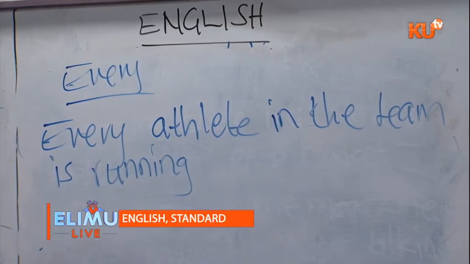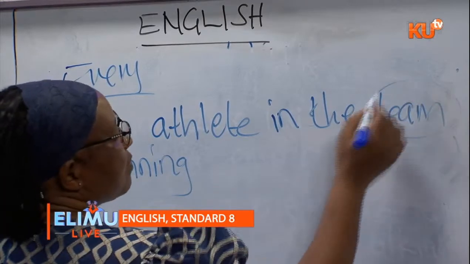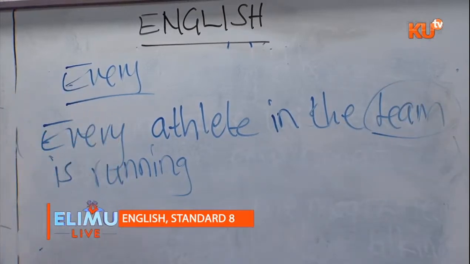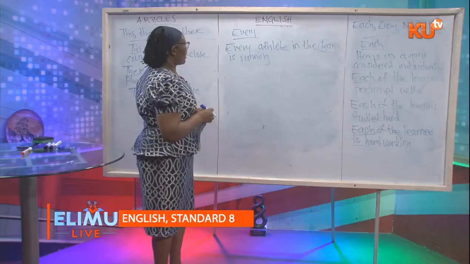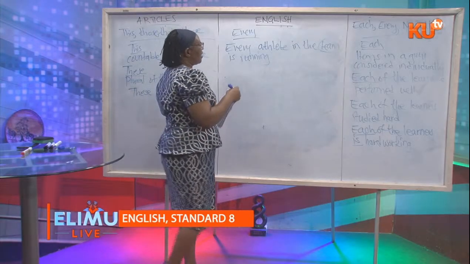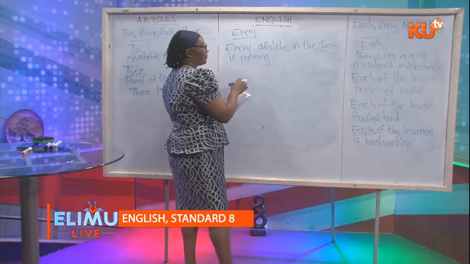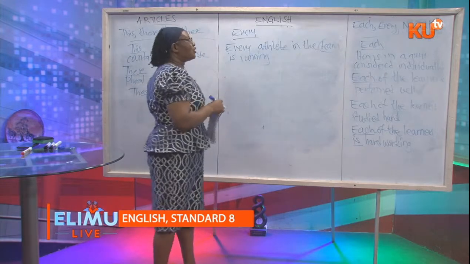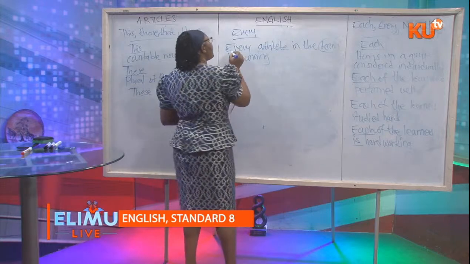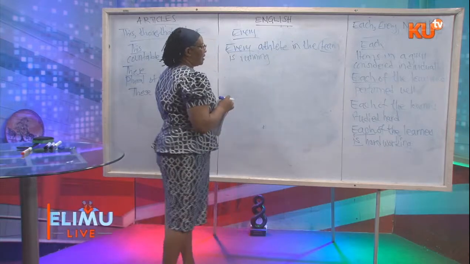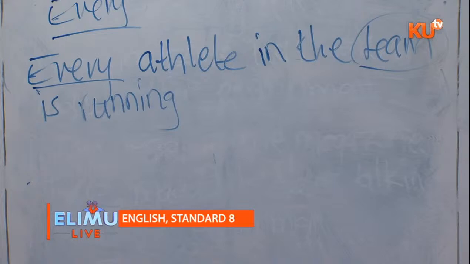So it means that we have a team of many, a team of people who are running. So a team of runners or a team of athletes, and each one of them is running at this particular moment. So we use the word every to refer to an individual in a group.